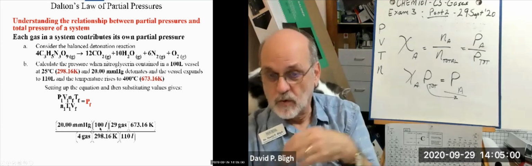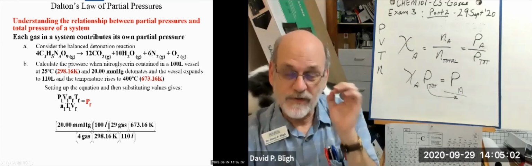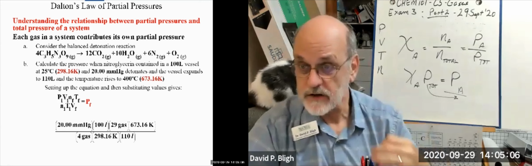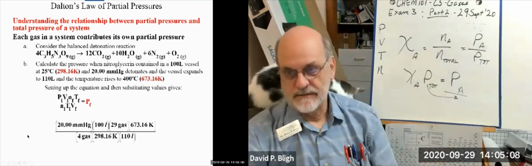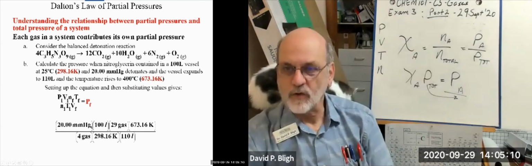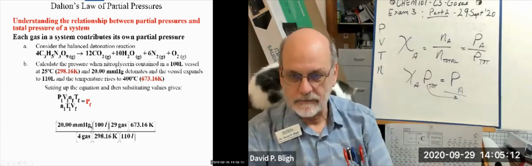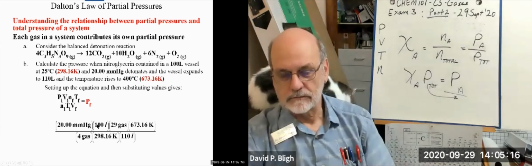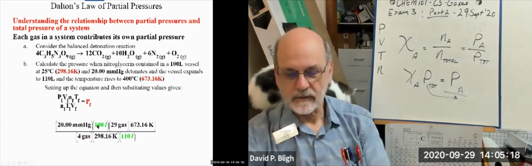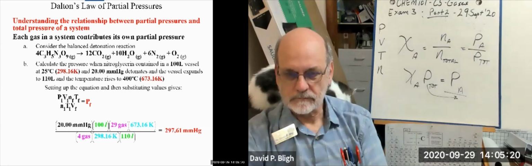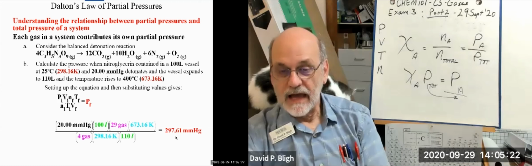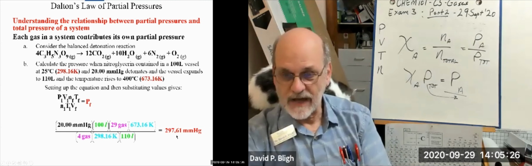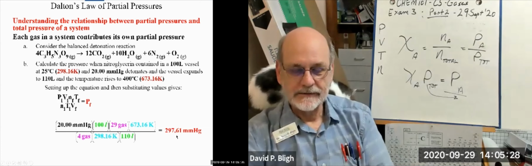And of course, when we solve this problem, we would write those values for each of the variables up in a list so that you can put them in the right place in your equation. If you put them in the wrong place, you get the wrong answer. And the pressure would consequently be 297 millimeters of mercury.